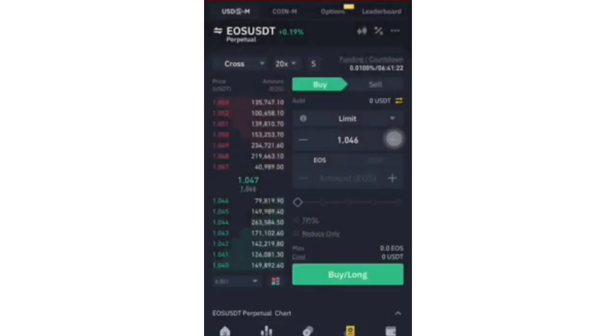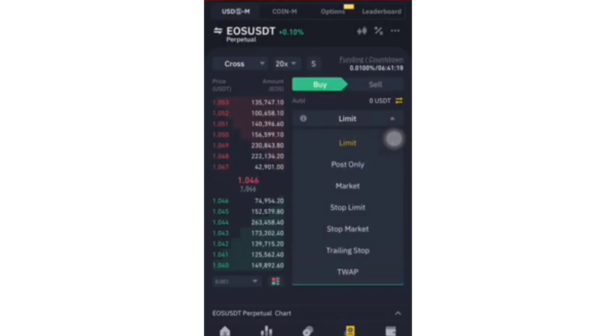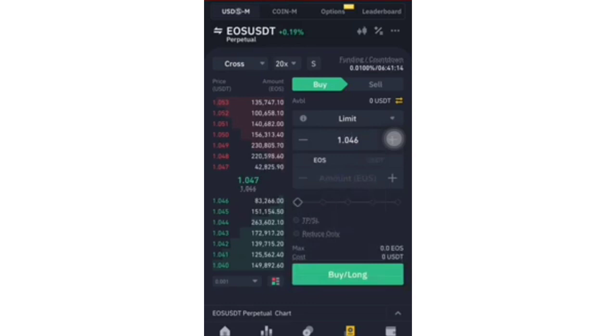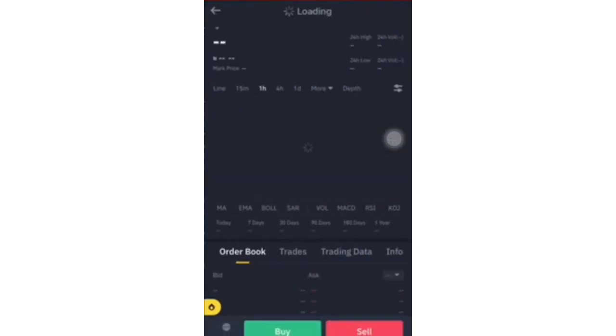Let me go to the calculator very well. We already talked about limit, market, stop loss, all those things, and they are also applicable in futures. This icon here is where you have the calculator.